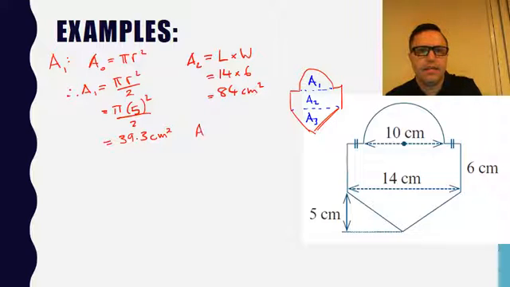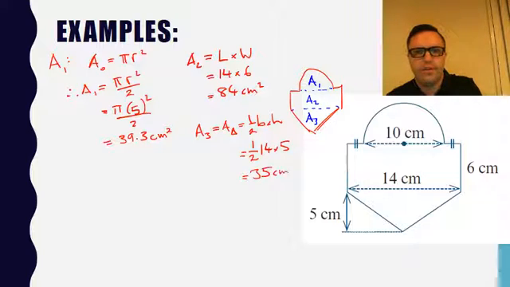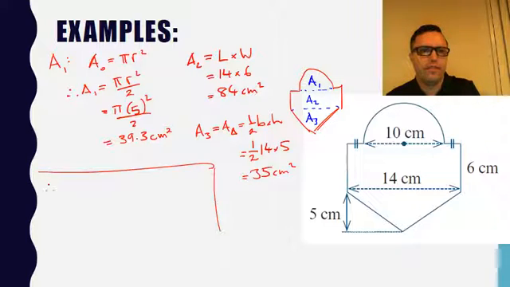And then lastly, area 3 is equal to the area of a triangle, which you hopefully remember as half base times height. So that's half of 14 times 5, which you will find is 35 centimeters squared.